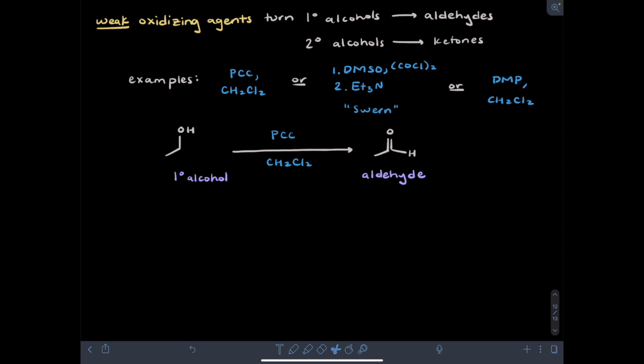Treatment of a primary alcohol with any of these 3 weak oxidants, most commonly I will use PCC.